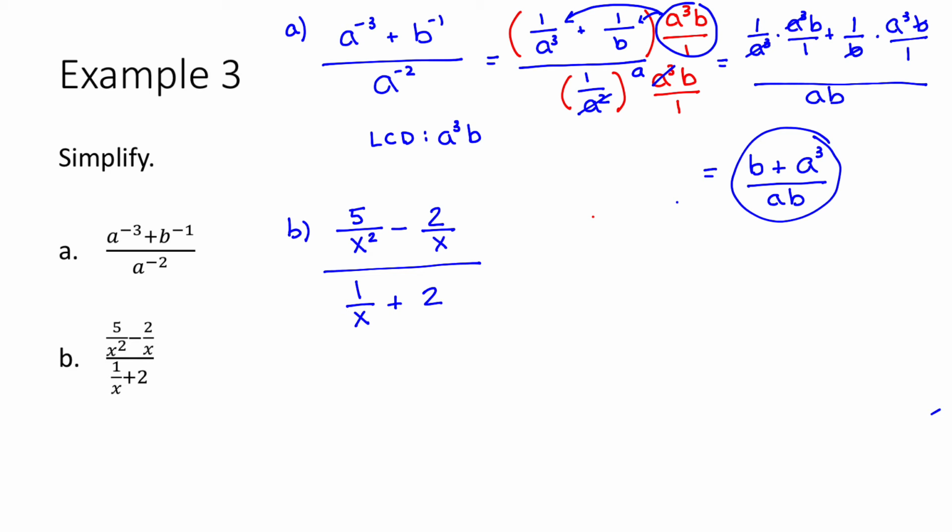So my least common denominator is going to be x squared. And remember, this 2 is 2 over 1. So I'm going to multiply both the top and the bottom by x squared over 1.